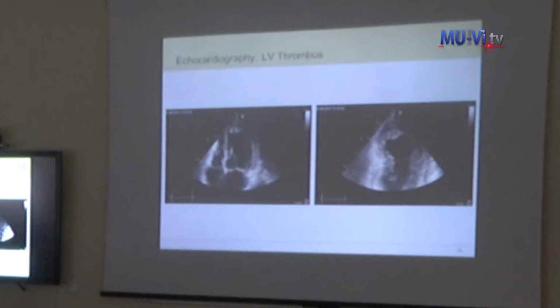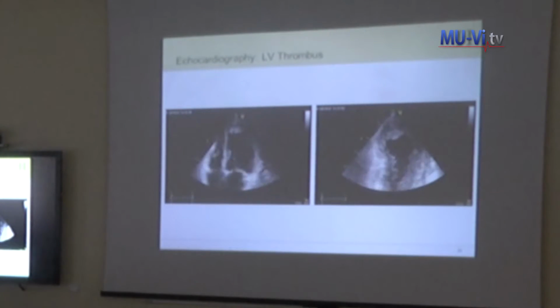So what we see here is a left ventricular thrombus in echo. You see the masses here in the apex. This is the left atrium, the right atrium, the left ventricle, and you see here a lack of wall movement in the apex.